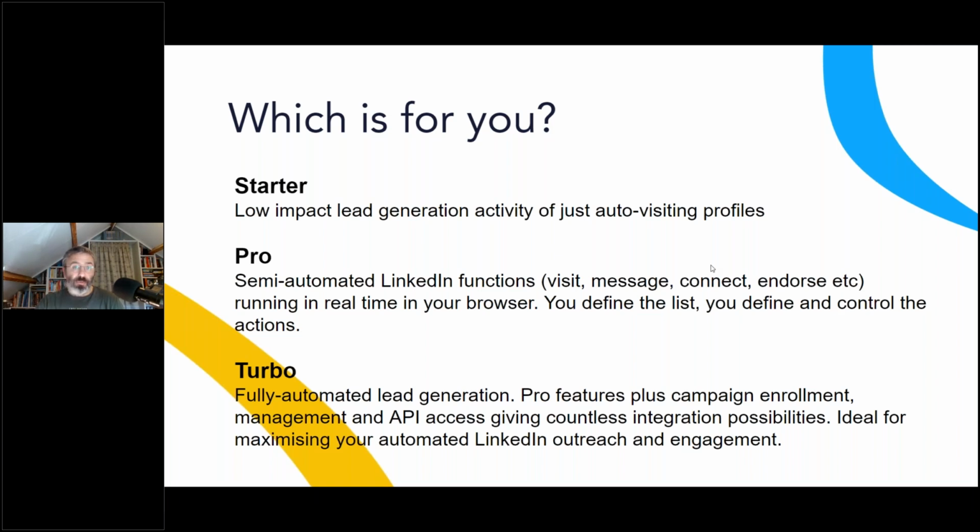We see other people using, depending on how much effort you're putting in, depending on what your requirements are, what the numbers are you're trying to hit, it's perfectly acceptable to see people using the free version of LinkedIn as well as Pro or Turbo, and then adjusting the speed of their campaigns and their activities accordingly to match what sort of LinkedIn account they have. But the real people, the people who really want to scale up, we see them using primarily Sales Navigator in conjunction with the Turbo product.